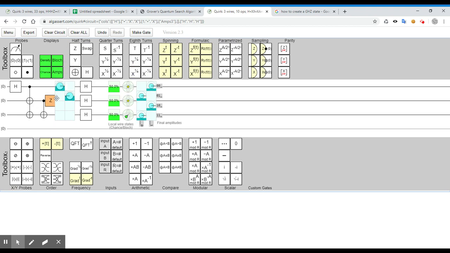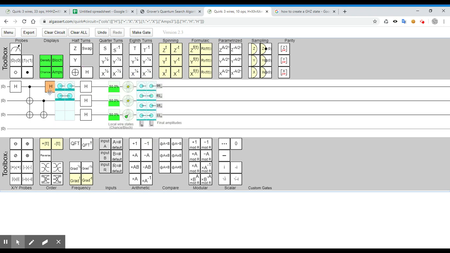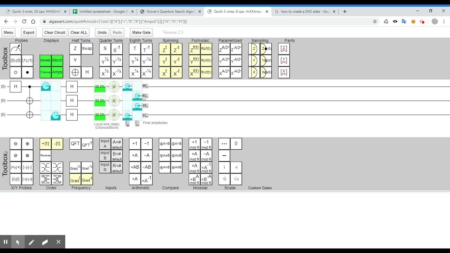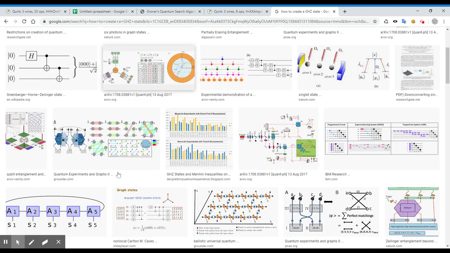Can I just have... Because there's always going to be 4 elements. So that's giving me these. It's basically this state.